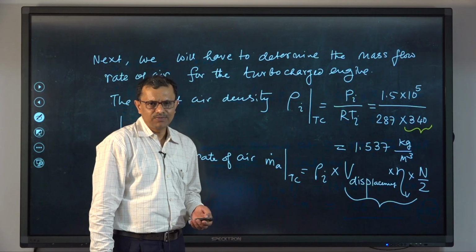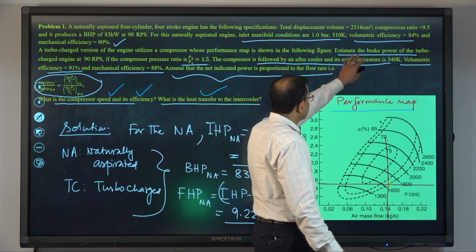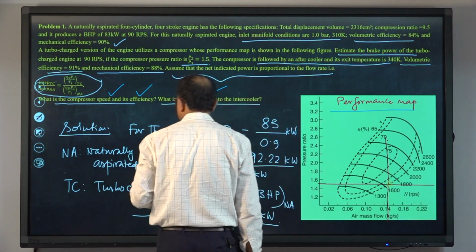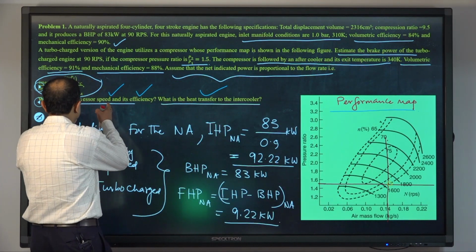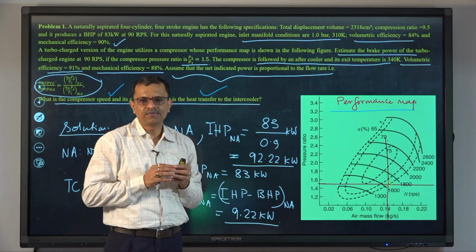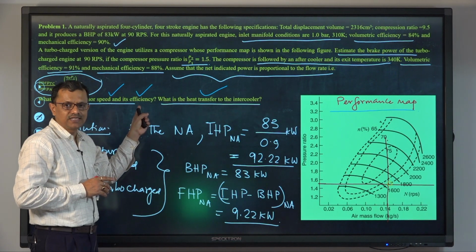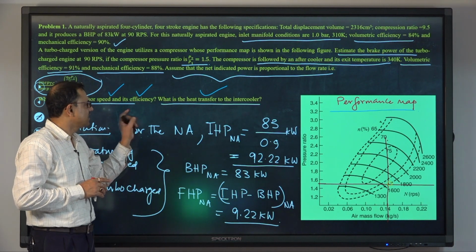Let me go back to the problem statement once again. First, we have already calculated the brake power of the turbocharger, then we calculated the compressor speed, that is 1650 rps, using the performance map. We could calculate the isentropic efficiency of the compressor using the performance map, that is 70%.